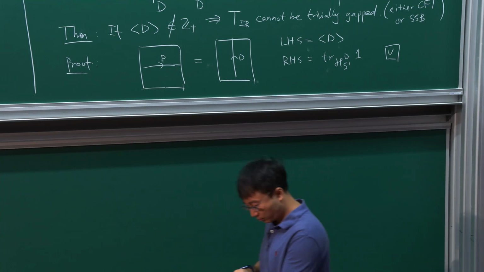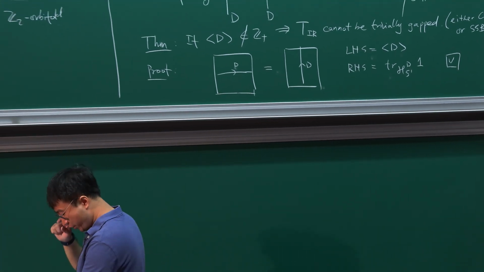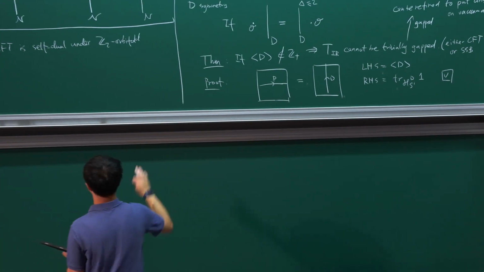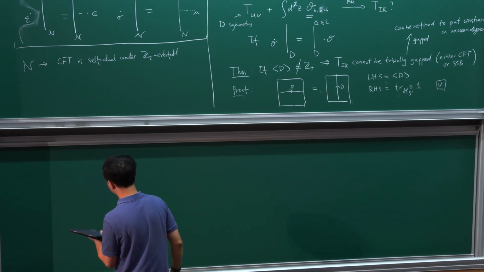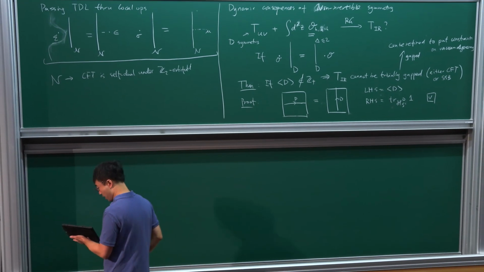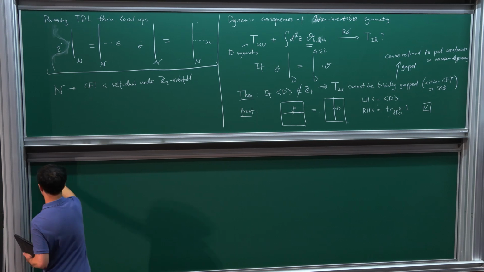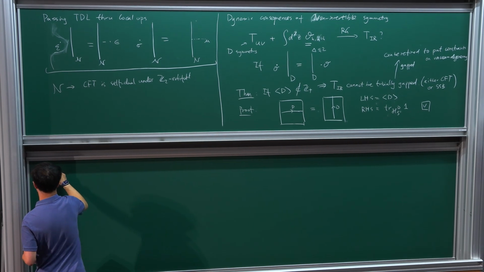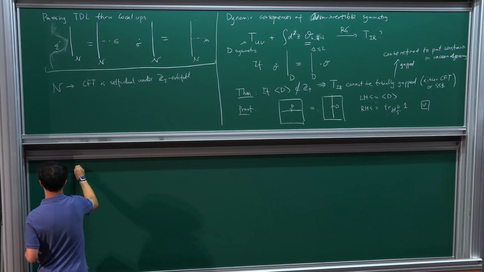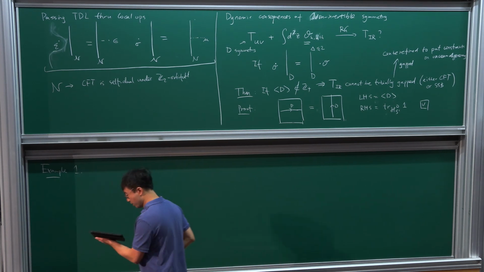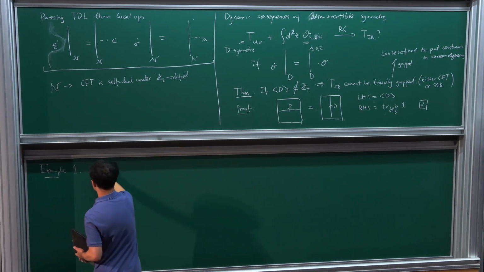All right. So let me just mention 2 examples of applying this dynamical constraint coming from the symmetry. Example number 1. I only mention it, I will not explain the details. Details you can find in the paper.